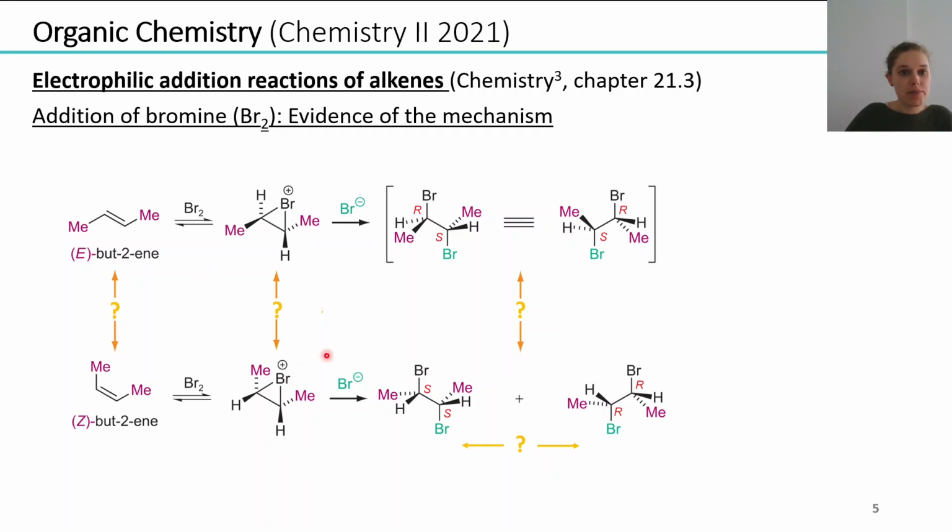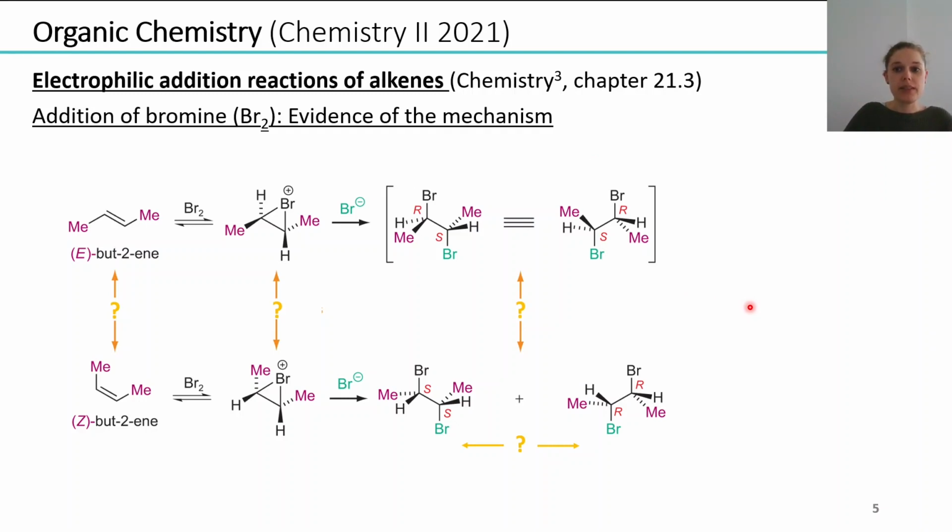We can see here the intermediate bromonium ion, and then we see that we end up with different products. And very interesting is to see that the addition of bromine to the E isomer forms a meso compound, and this compound has a symmetry plane.